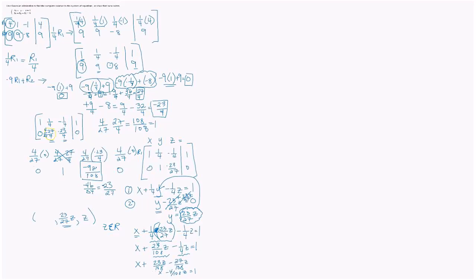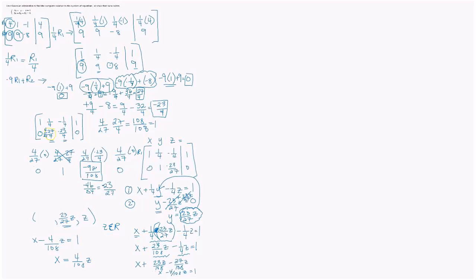I've run out of space, so I'm going to move over to this side and rewrite that again. x minus 4 over 108 z is equal to 1. And then I'm going to solve for x. So I'm going to add 4 over 108 z to both sides, and that will get x by itself.